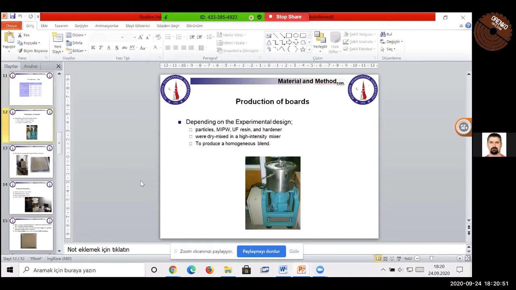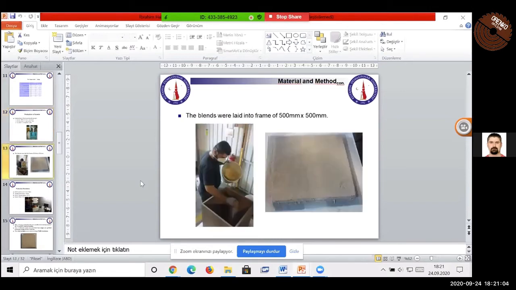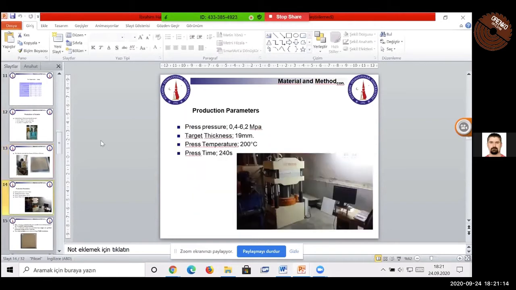Depending on the experimental design, particles, MIP waste, UF resin, and hardener were dry mixed in a high intensity mixer to produce homogeneous blends. The blends were laid into a frame of 500 millimeters by 500 millimeters, and you can see our mat here. And these are the production parameters.